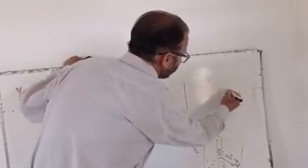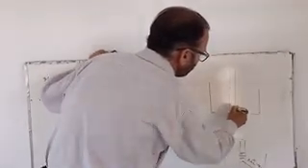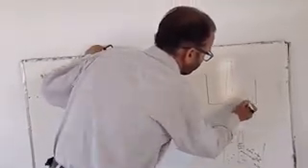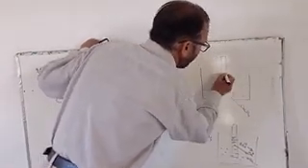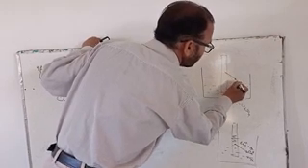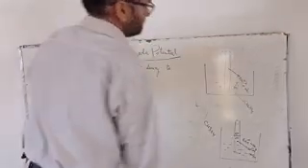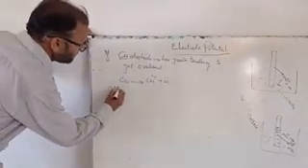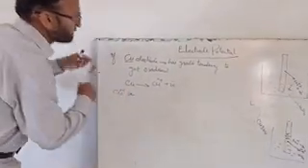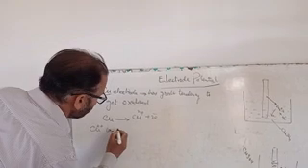Here is the beaker with the copper sulfate, and we put in the copper rod. Now this copper loses electrons and gives copper dipositive ions plus 2 electrons. The copper dipositive ions will pass into the solution.